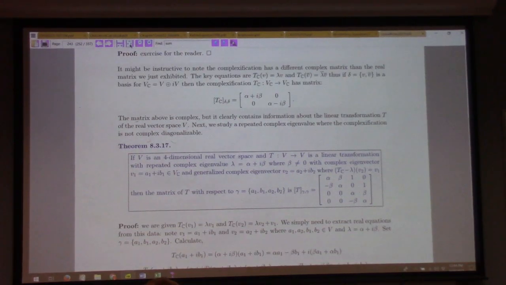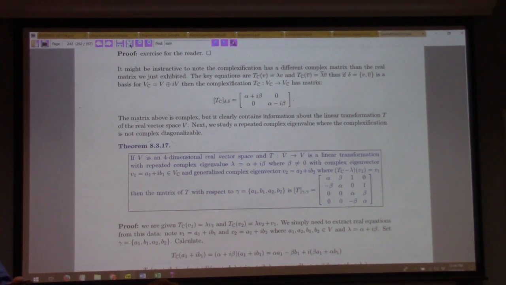But you might, when you look at the complexification, not that would be in the case that the previous one I just looked at would be when the complexification was diagonalizable as a complex transformation. We have learned this week, I hope, that not all transformations are diagonalizable. Sometimes you need the generalized eigenvectors.